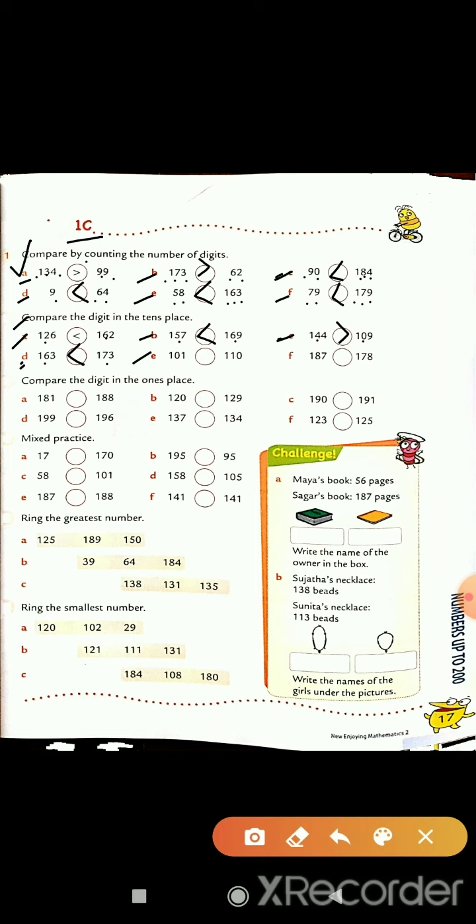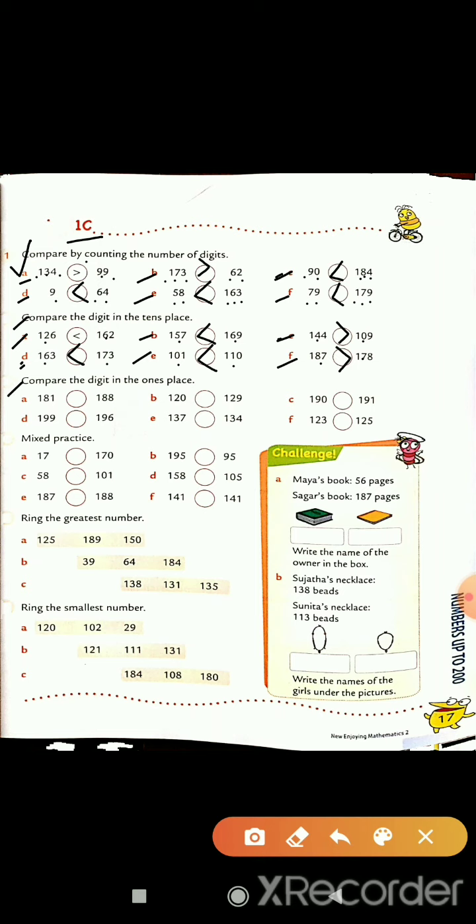In 101, 0 is there at the tens place, and in 110, 1 is there at the tens place. So 1 is greater than 0. So 110 is greater than 101. Next, F1. 187, 178. In 187, what is there in the tens place? 8 is there. And in 178, 7 is there. So 8 is greater than 7. So 187 is greater than 178.